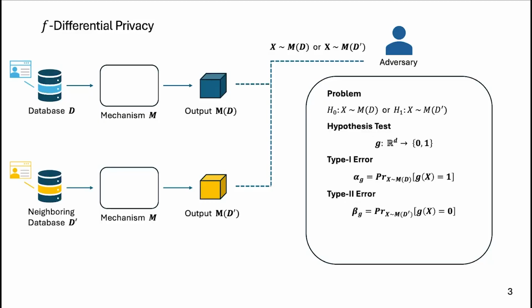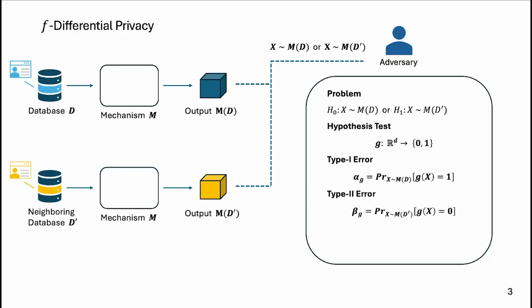The adversary can then deploy a hypothesis test to arrive at a decision that either points to the hypothesis or the alternative, and any test that the adversary might deploy will have two types of errors attached to it. The type 1 error, alpha g, which corresponds to the probability of falsely rejecting the hypothesis, and the type 2 error, beta g, which corresponds to the probability of falsely failing to reject the hypothesis.